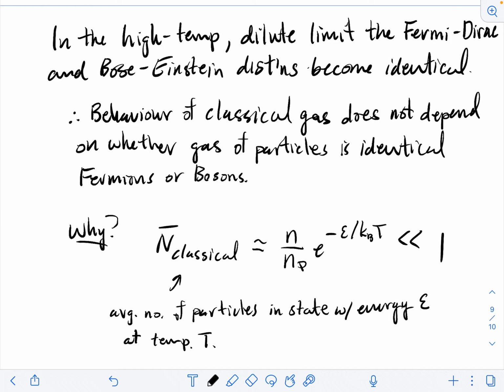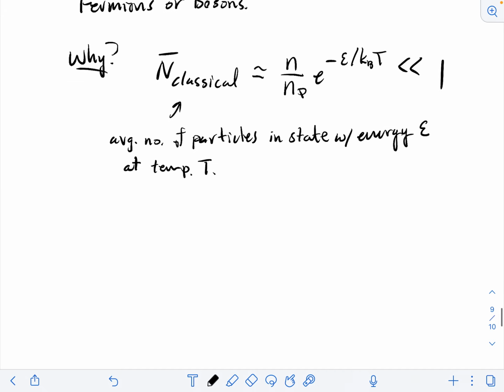If the probability of having a single particle in one of these states is really small, then it's exceedingly rare to have two particles try to occupy the same state at the same time. In that case, we don't really have to worry about the Pauli exclusion principle for fermions, because the chances of any two particles trying to be in the same state at the same time is really small. And so the Pauli exclusion principle doesn't really matter.